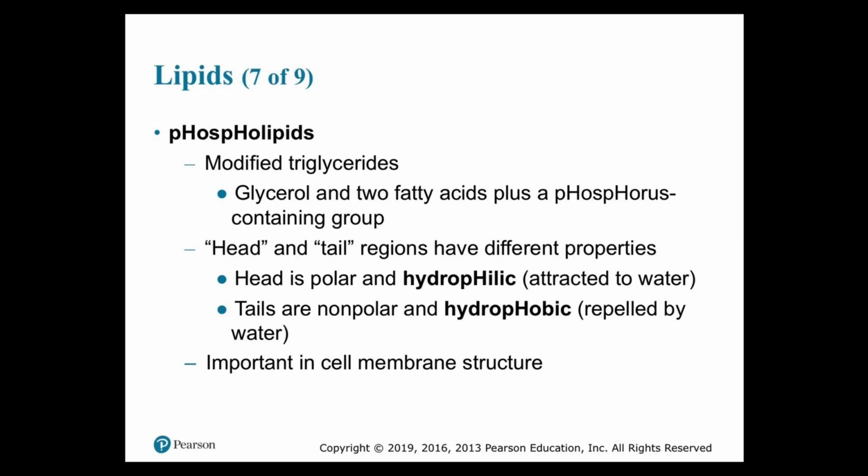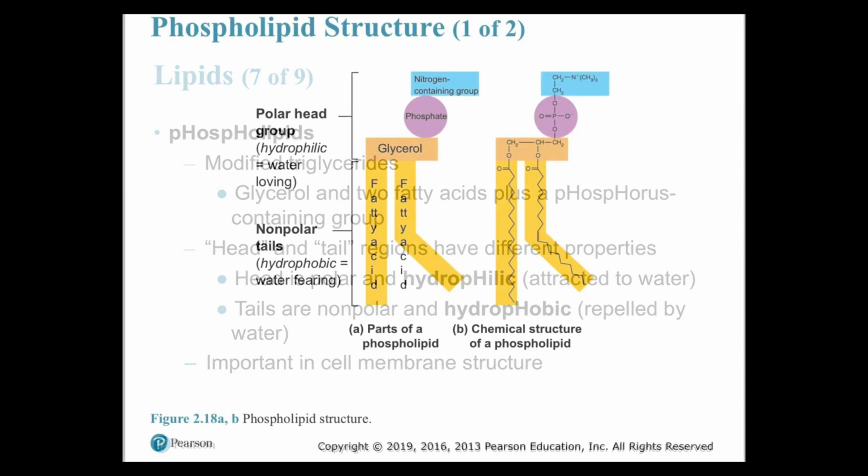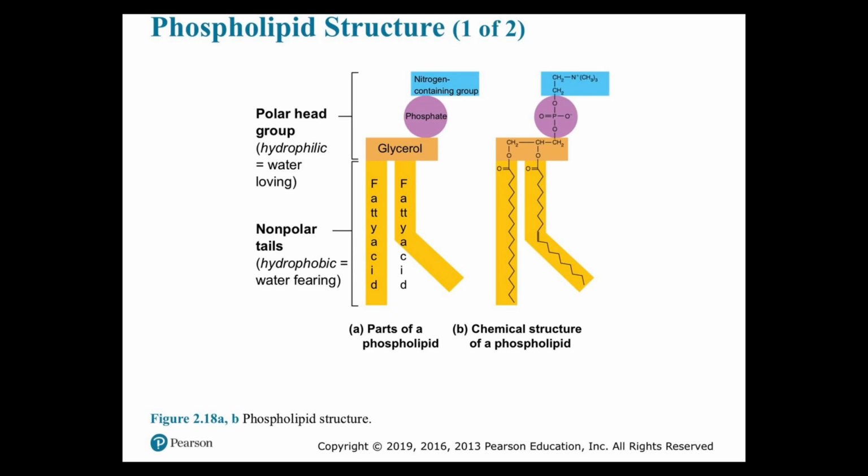We're going to look at pictures to help understand these characteristics. In Figure 218A and B, we have examples of phospholipid structure. In Figure A, notice there's the glycerol group and the two fatty acids. One of them is saturated, the one on the left.